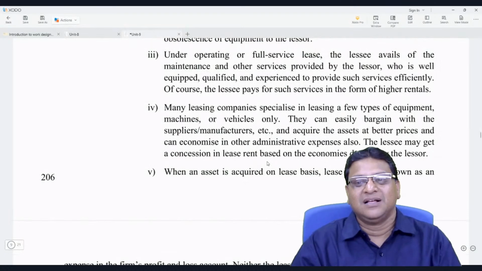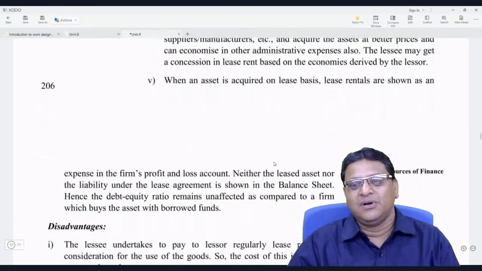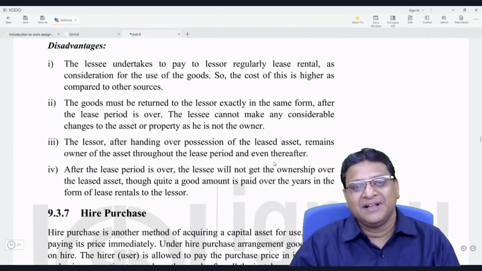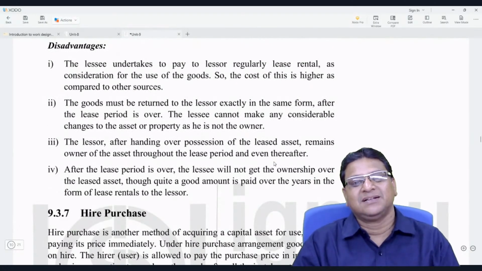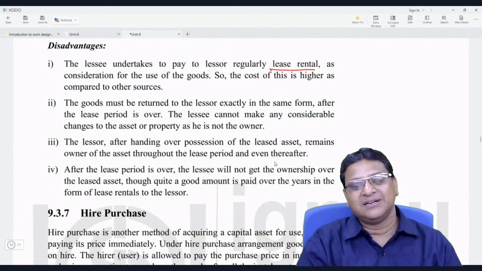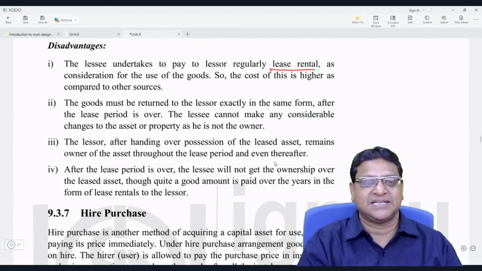Next, what are the disadvantages of using lease? First, you have to pay rent. That is lease rental you have to pay year after year till the year you acquire and use the assets.